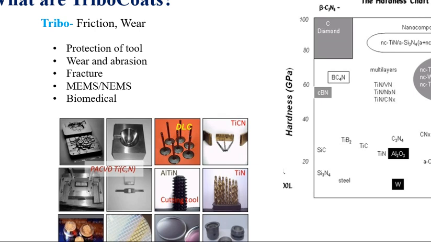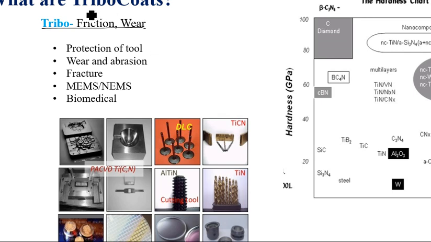Tribological coatings. To understand what a tribological coating is, first we need to understand what the word tribo means. It means basically friction and wear. When we have two different surfaces in contact with each other, the mechanical phenomena that take place come under the term tribo.